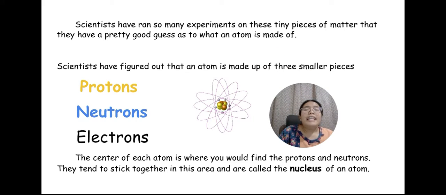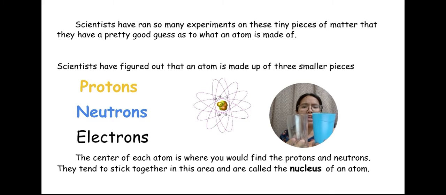You know what? Scientists have run so many experiments. Ang dami na nilang ginawang experiments. Mga tests. Okay? On these tiny pieces of matter. Pinag-aralan nila yan. Kasi, nagtataka sila, halimbawa, meron yung scientist na 2 baso.